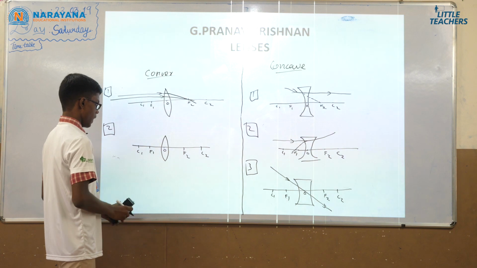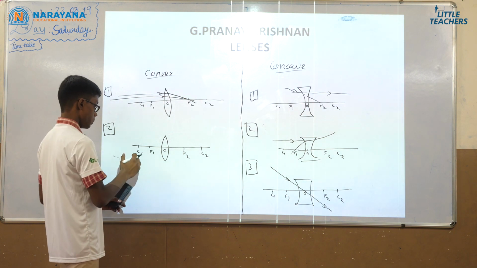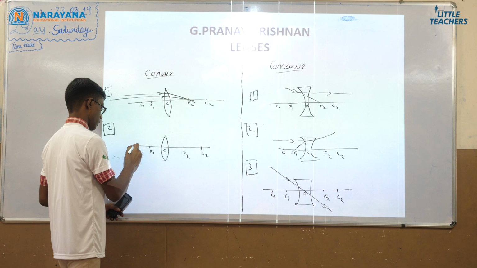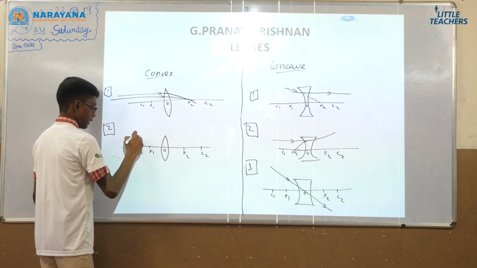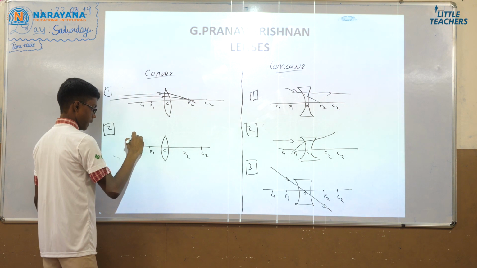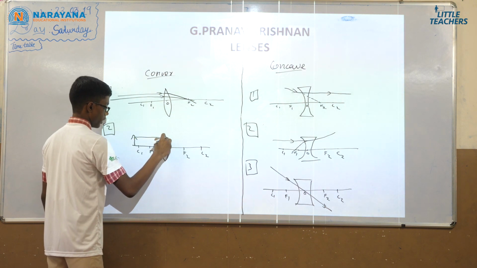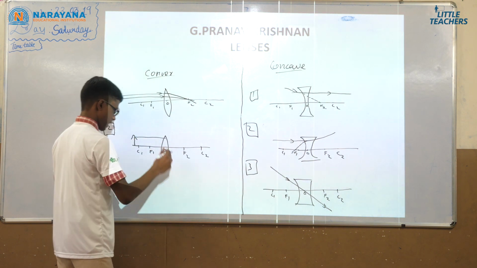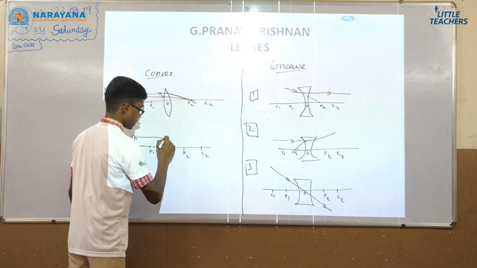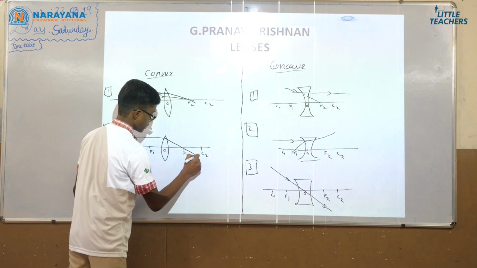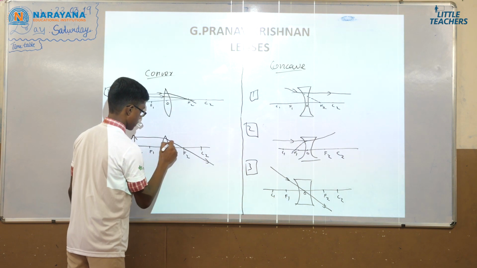Now consider an object just behind C1. The edge of the object is leaving a parallel ray towards the lens. This ray converges and meets at the focus, and it moves like this.